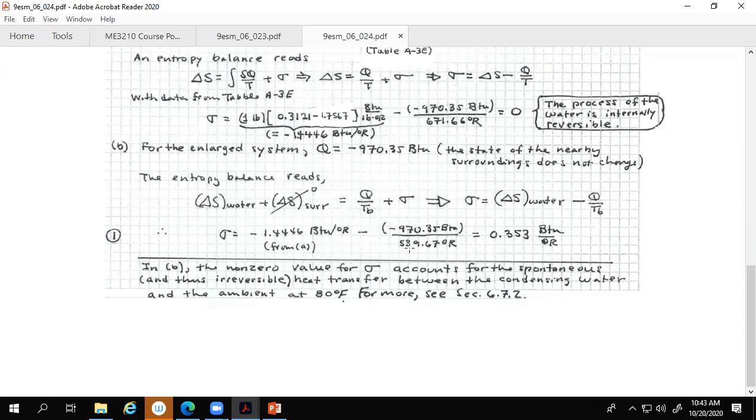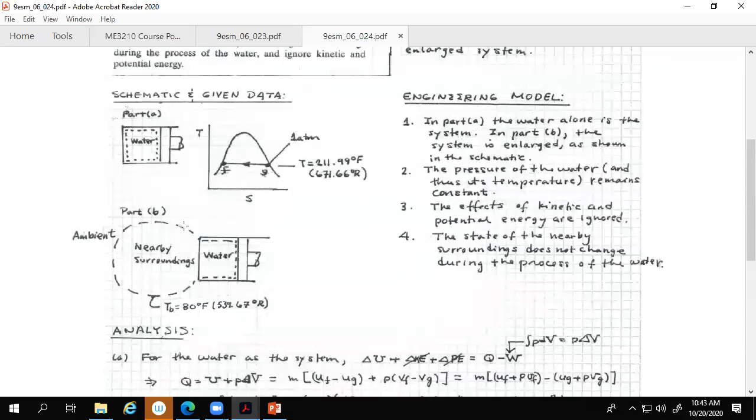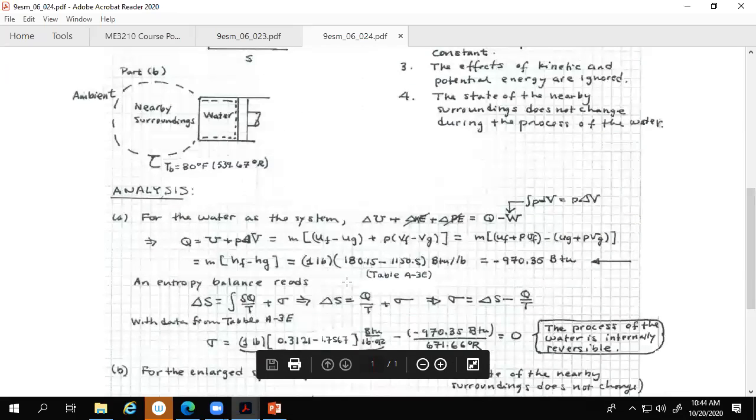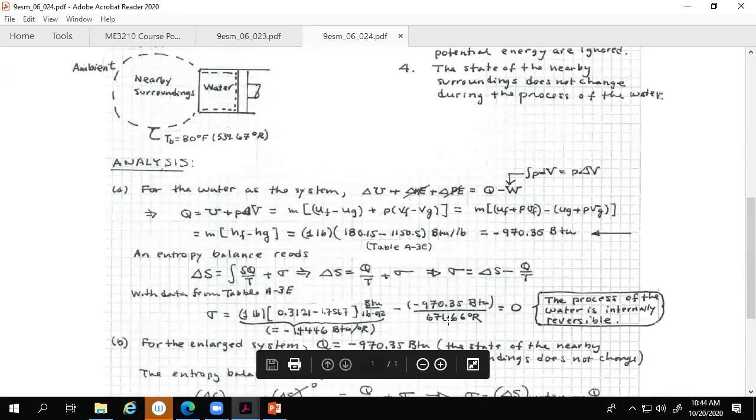But now we have a different temperature, so this combination comes out to be positive. So we have an entropy increase for the overall process when we include the surroundings, because that heat transfer then occurs at this temperature instead of the high temperature that we used here.